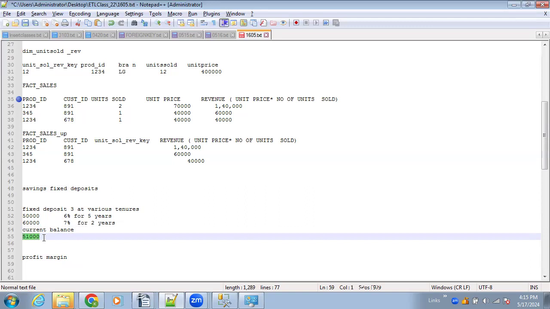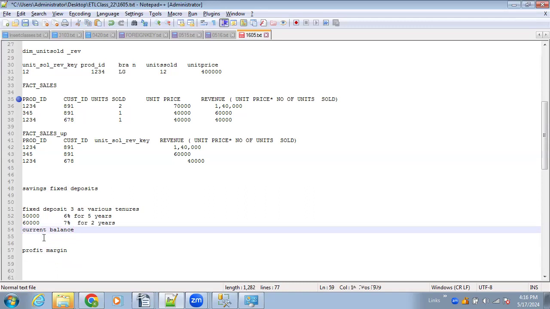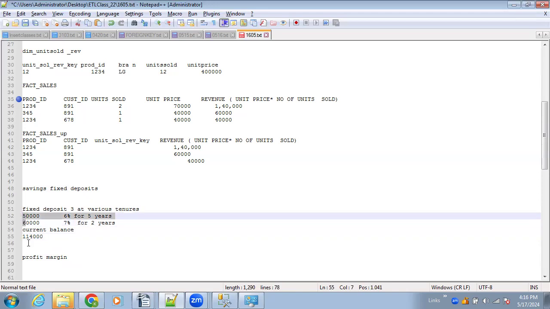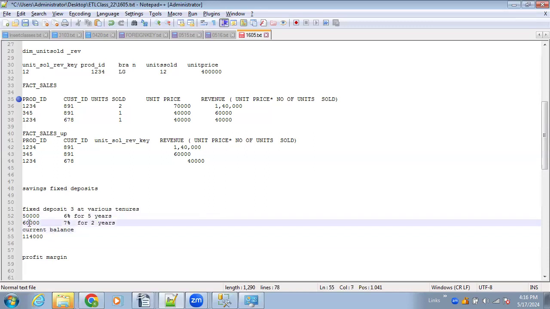So the total could be 1 lakh 13,000 or something, say 1 lakh 14,000. Your current balance is an example. 1,000 you earned on 50,000, and 2,000 you earned on 60,000. What is your profit margin here? It will calculate, okay, 1 lakh 10,000. So your profit margin could be 3,000, right?